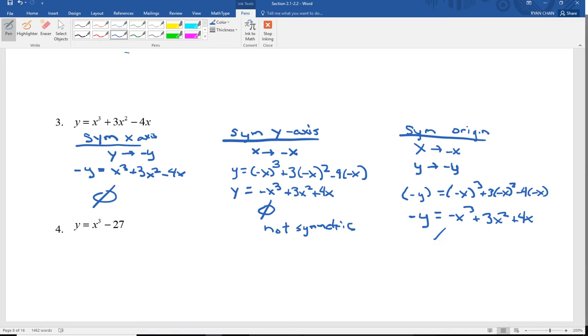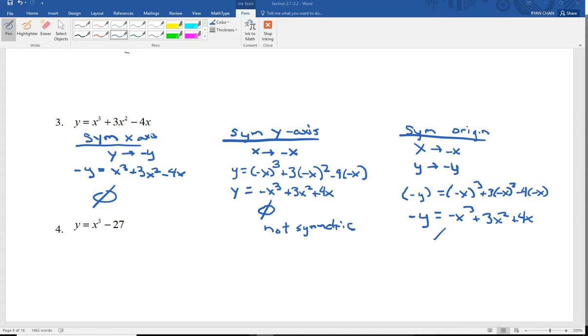It may not necessarily be one of the 3, although that is very common, but there are possibilities where it could be nothing, or you could have more than one aspect of symmetry. So just remember that you'll have symmetry based off of points, and then you'll also be asked to do symmetry in terms of graphs. Make sure you know how to do the math for both of those, and also make sure you know how to do the visualization, and that's going to help you a lot for the following.